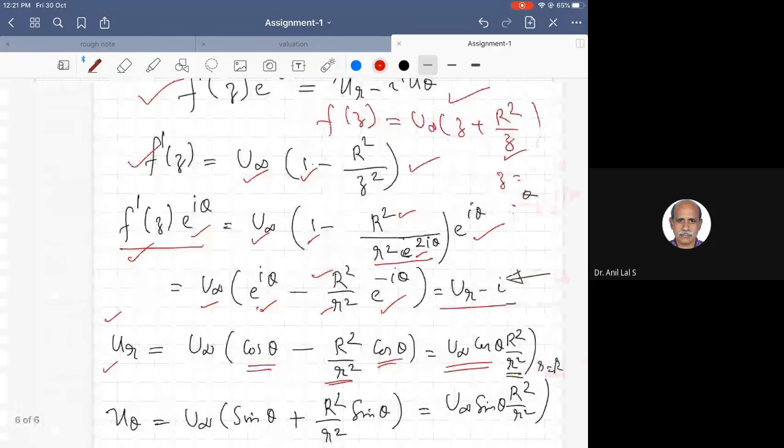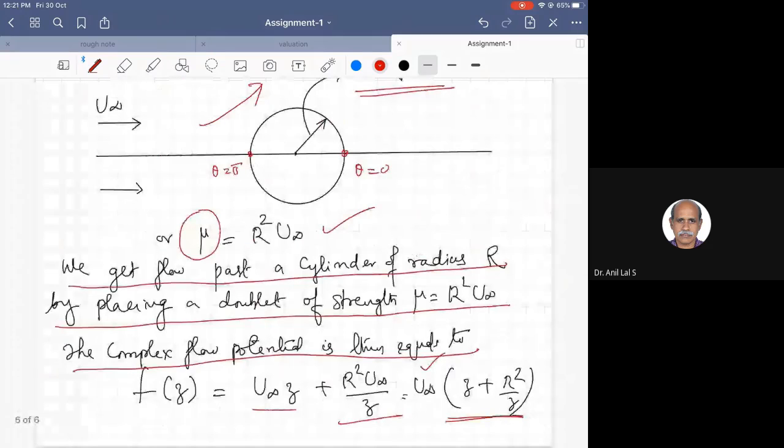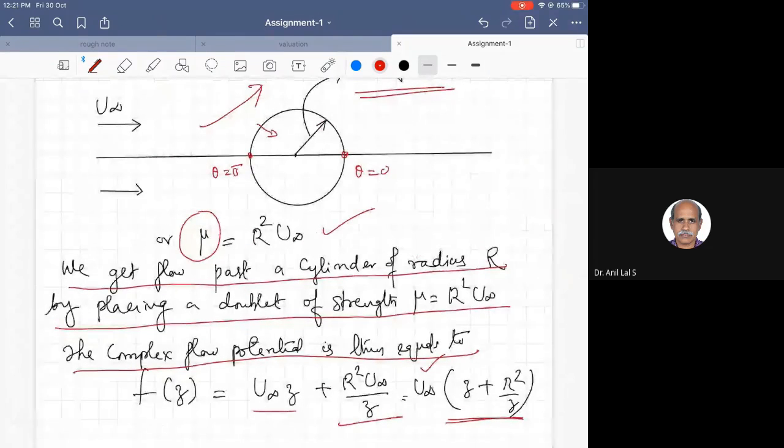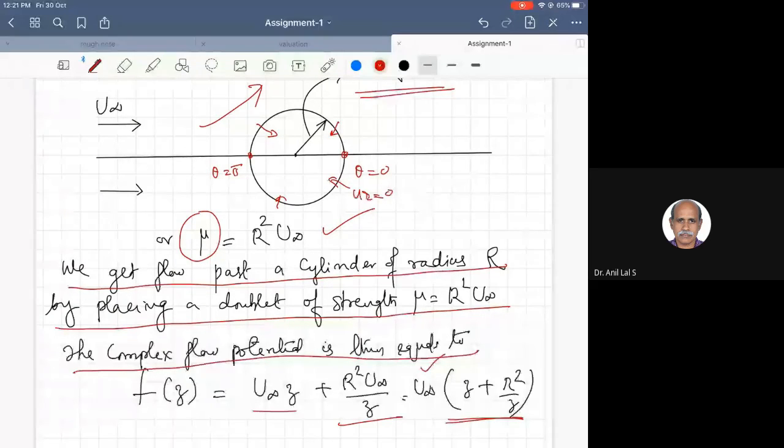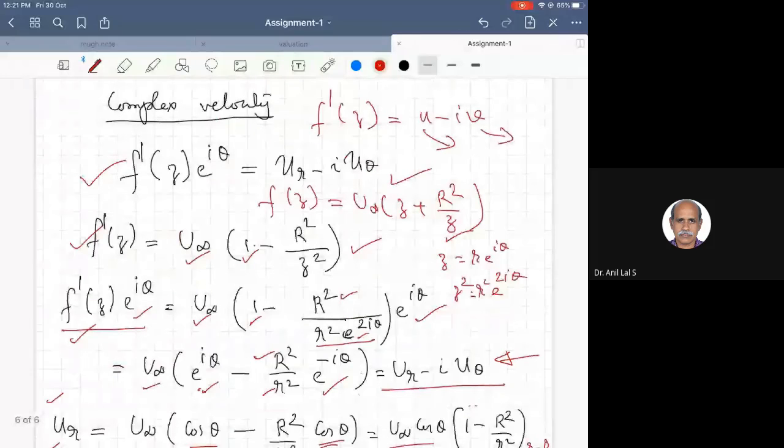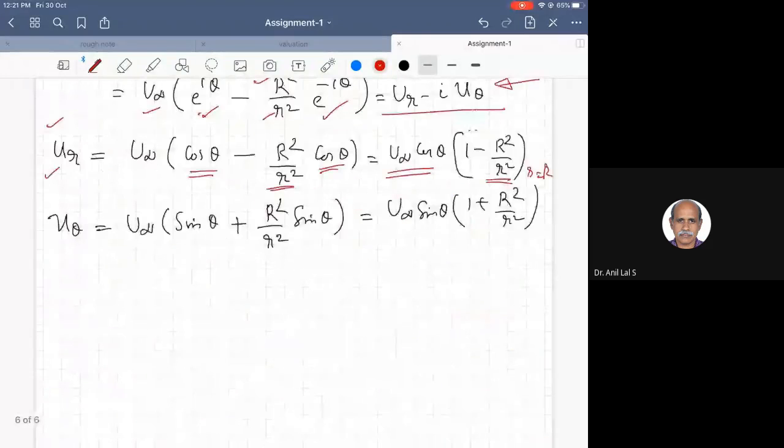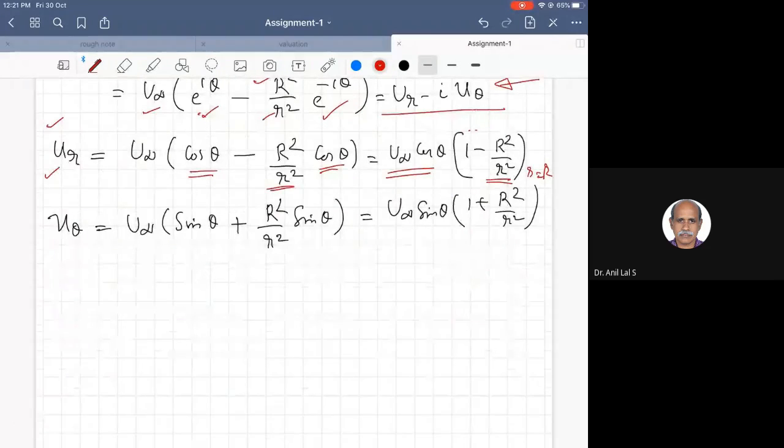So that is clear because no fluid will be penetrating the cylinder. Whereas at any other point outside the cylinder you will have a value of ur depending upon the radial location and the angular location. So ur is a function of r and theta.